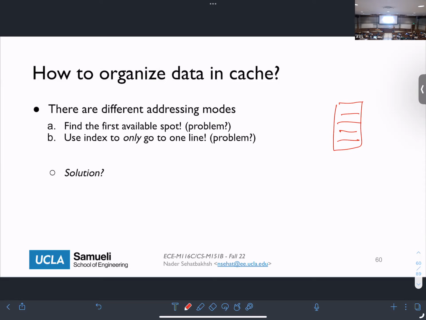You use your storage area in the most efficient way, because you're just finding the first available spot and you just put your data there. Versus the second one, which is the exact opposite of this. It's much faster to read from it because you know exactly where to go and look. So your read time, your search time, is minimal, because all you need to do is go to this first line and grab it if it's there.